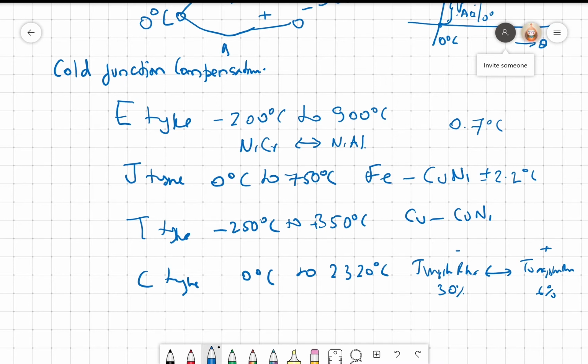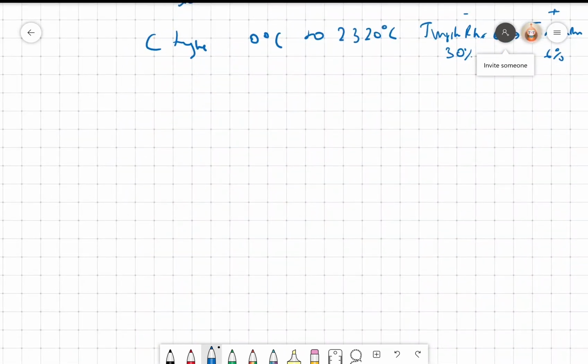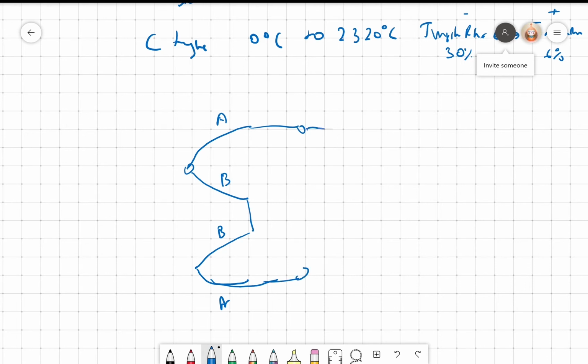So we already saw that if I have to use a thermocouple, I need to do cold junction compensation, right? So this is material B, this is material A, and we have the voltage.